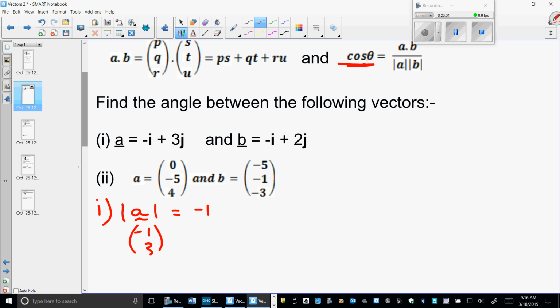I want to find the length. It's -1 squared plus 3 squared, and the root.